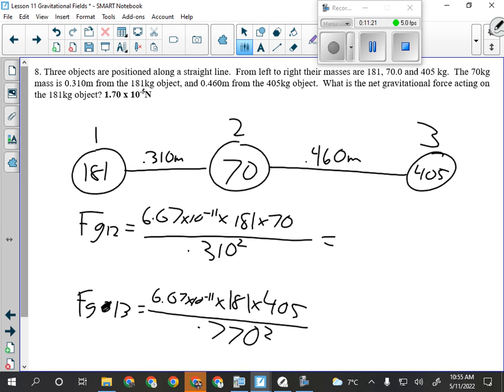And that'll have to be squared, right? So when we find those two numbers, we just add them together, and we've got the net gravitational force for that question. Because we have to add those two distances together to get the center to center distance for the 181 and 405.